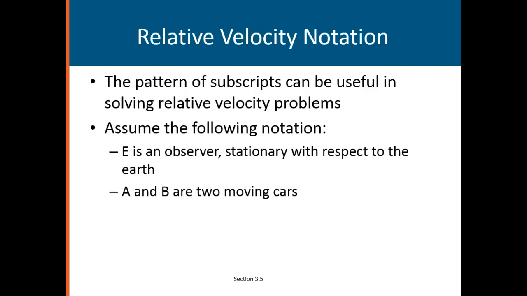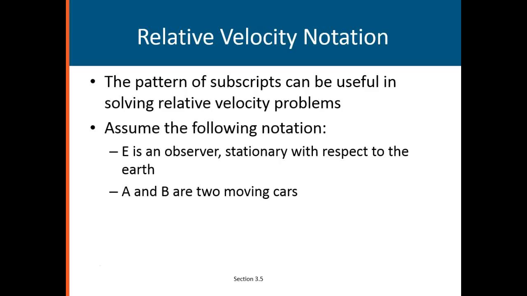Okay? So here's the relative velocity notation. The pattern of some subscripts can be useful in solving relative velocity problems. Assume the following notation. E is an observer who is stationary with respect to Earth, so E stands for Earth.